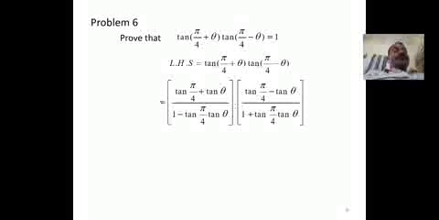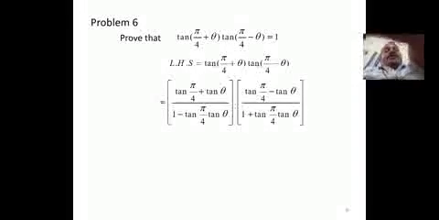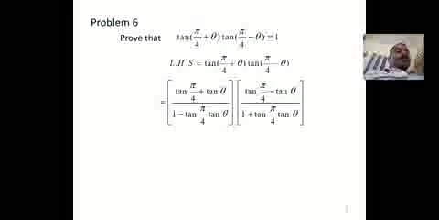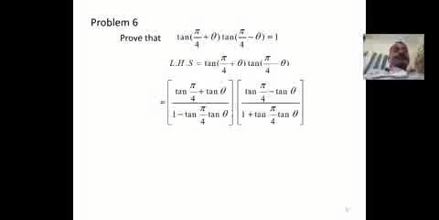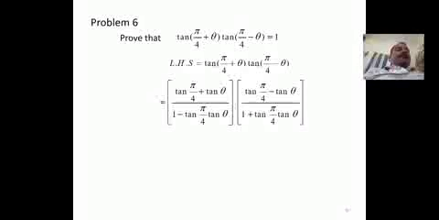Therefore tan pi by 4 plus tan theta by 1 minus tan pi by 4 tan theta. And the next one, in tan of a minus b form, tan pi by 4 minus tan theta by 1 plus tan pi by 4 tan theta. In this case, tan pi by 4 is tan 45. Tan 45 value is 1.